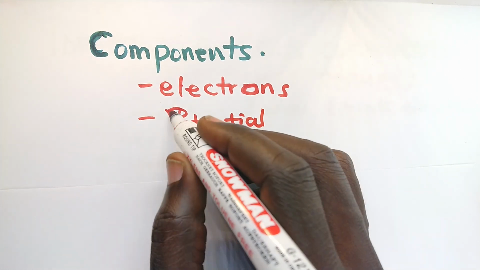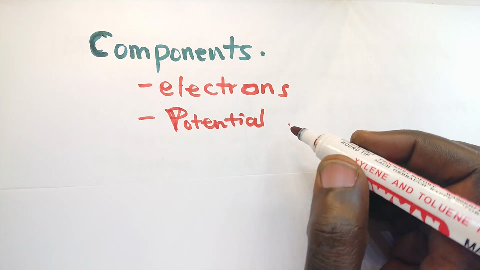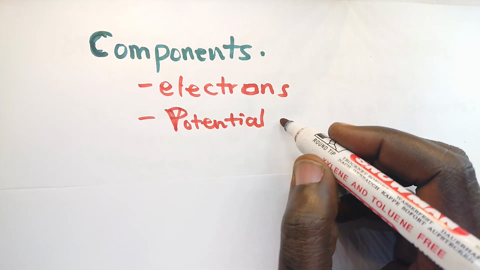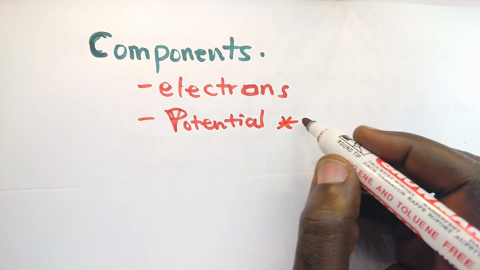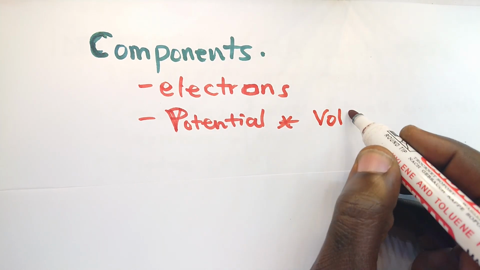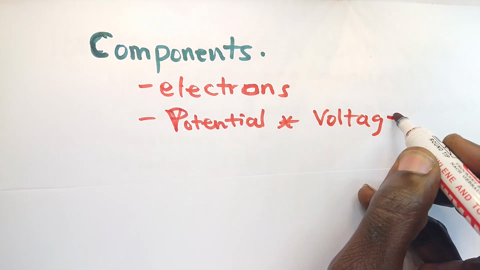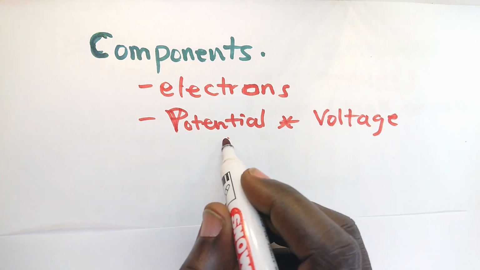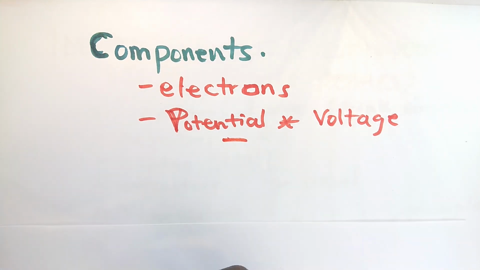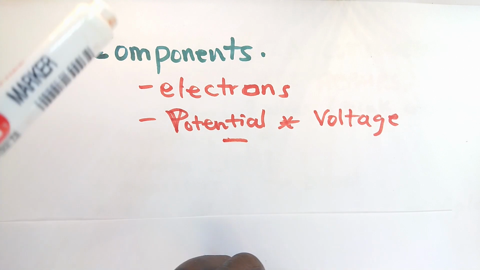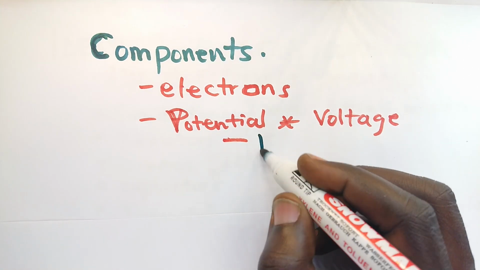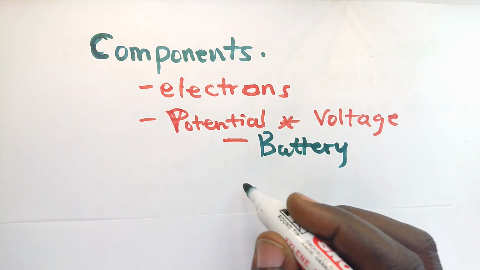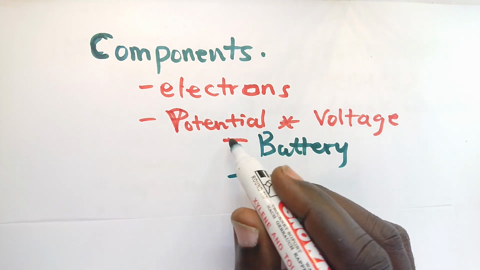In other words, electrons have to flow from one point to another, from one place with a high potential difference to another. This potential difference at times is synonymous to what we call voltage. So the sources of this voltage usually include things such as your battery, if the thing is battery powered, like for instance, a radio.